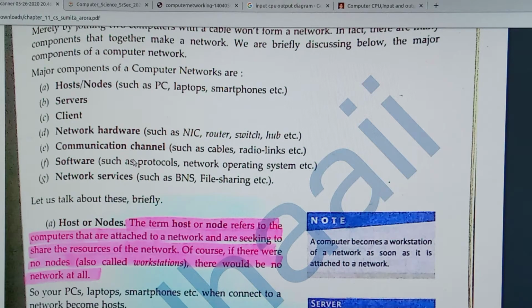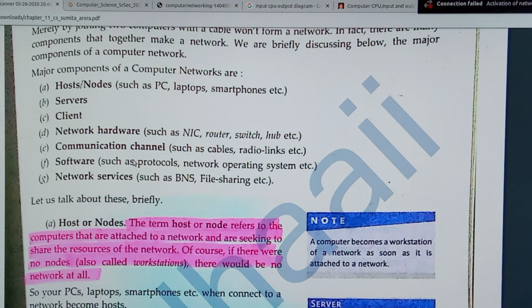Then the next line clearly says that if there is no node, then there is no network. In the bracket it is written as workstations. What do you mean by workstation? A computer becomes a workstation of a network as soon as it is attached to a network.